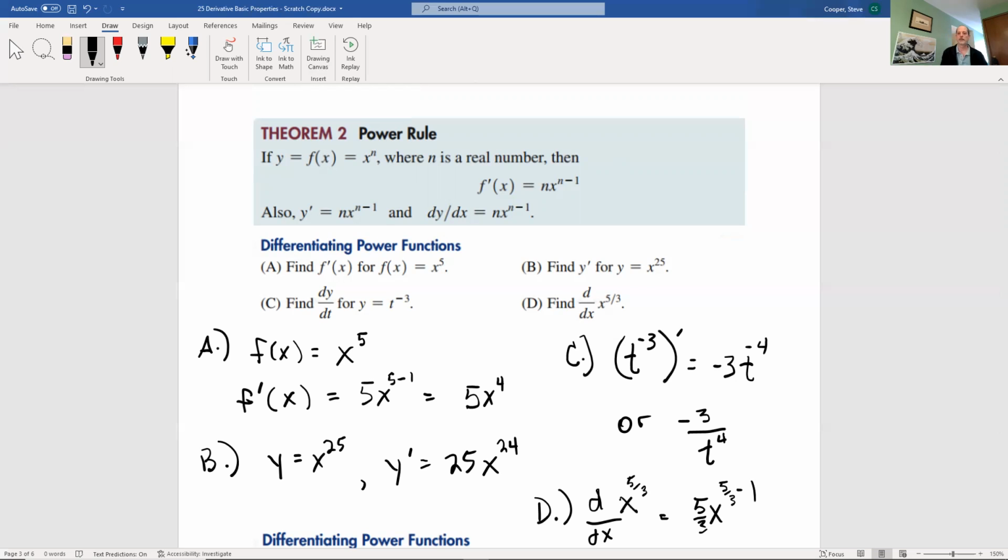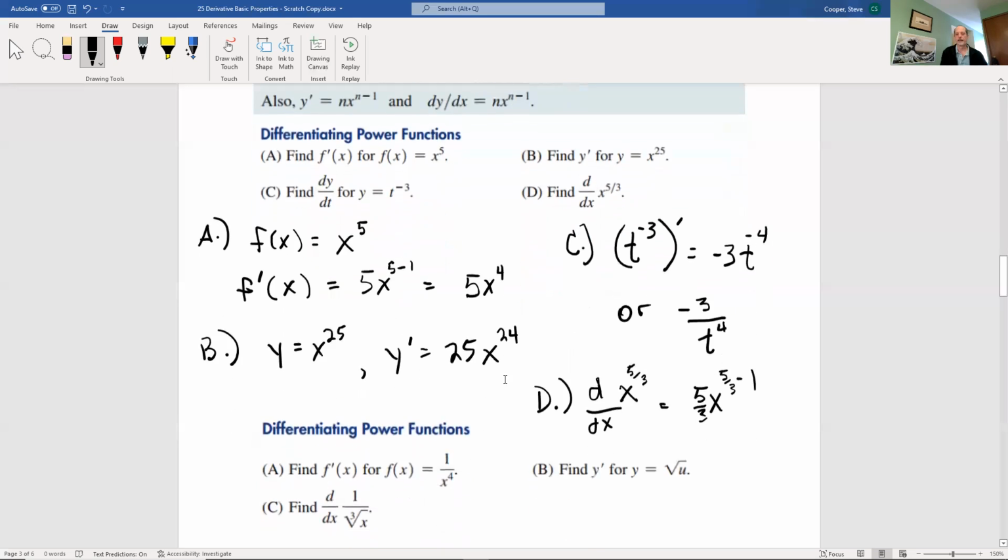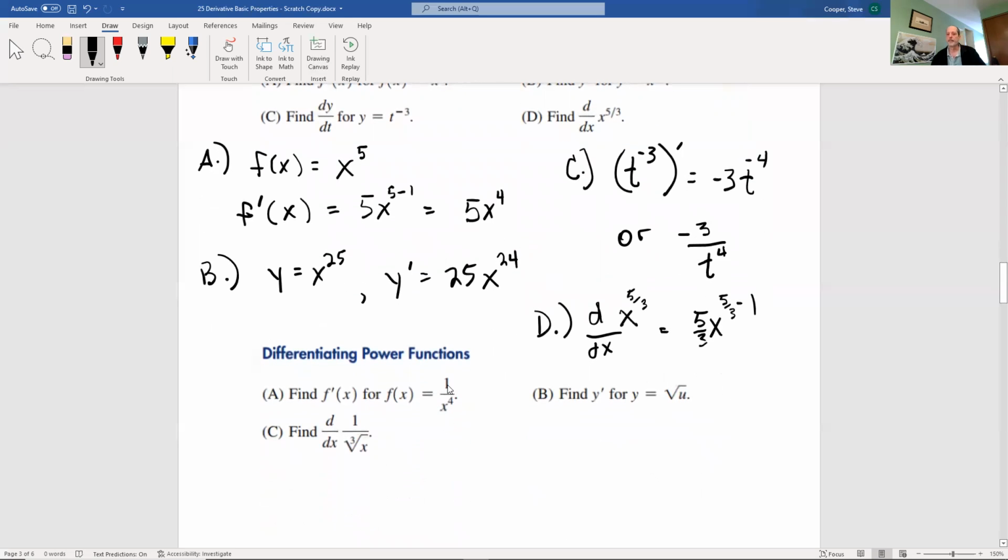Now we have to clean that up a little bit, because remember, 5/3 minus 1, I need a common denominator of 3. So I'm going to write my 1 as 3 over 3. And then I know that that simplifies to 5 minus 3 over 3, or 2/3. So my final answer for the derivative would be 5x to the 2/3.